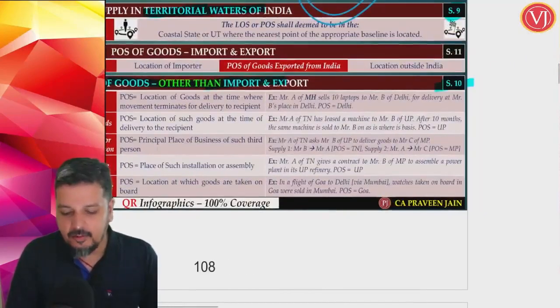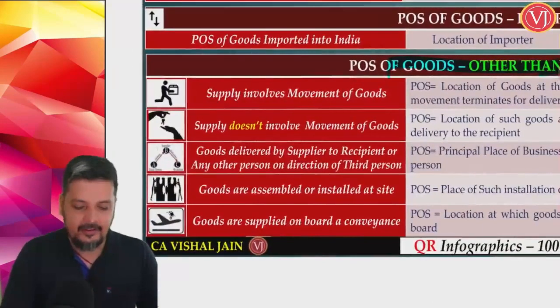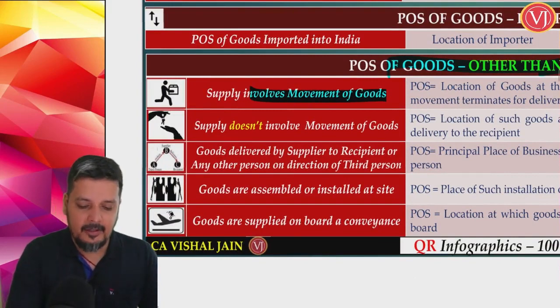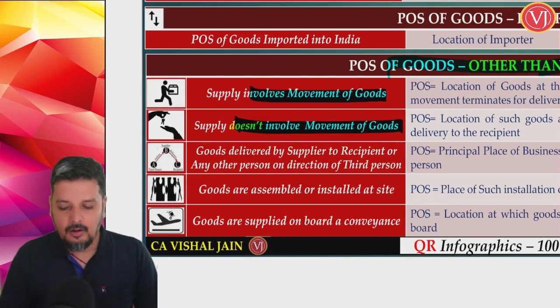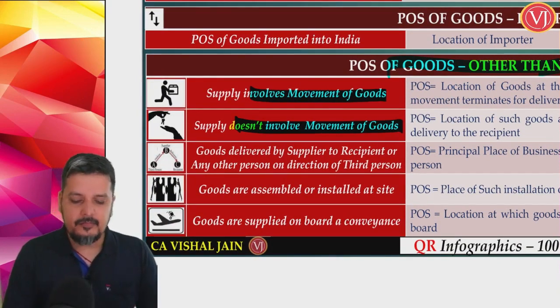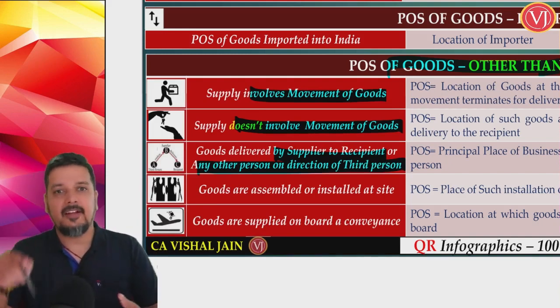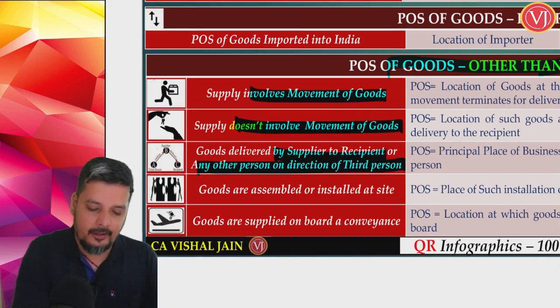Now, we'll see the categorization here: where supply involves movement of goods, where there is supply but no movement of goods, or where goods are delivered by supplier to recipient or any other person on direction of a third person.